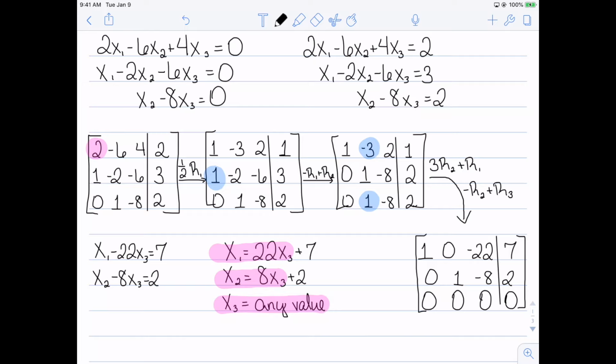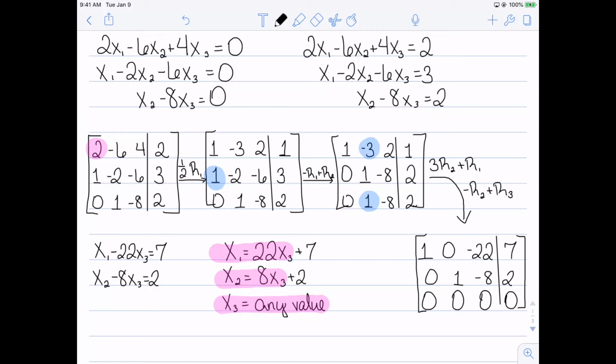For the homogeneous system, I had 22x3 and 8x3. So we definitely have those plus something else. In addition, the point 7, 2, 0 is a solution to the non-homogeneous system. And so that's why we have the +7 and +2. That's what we mean by the particular solution.